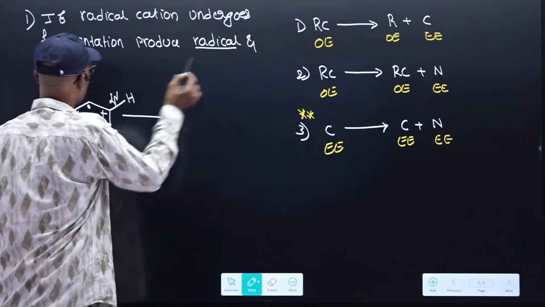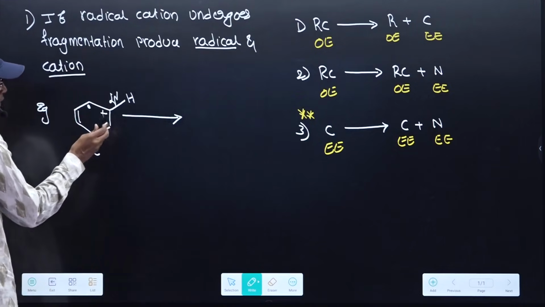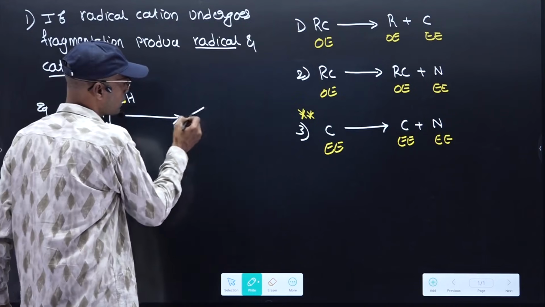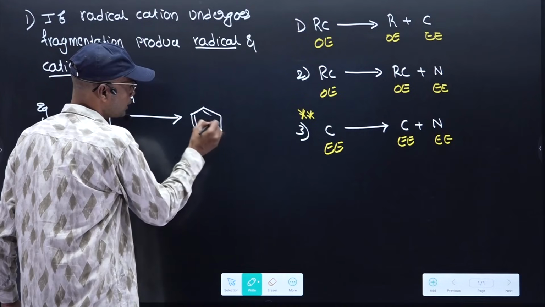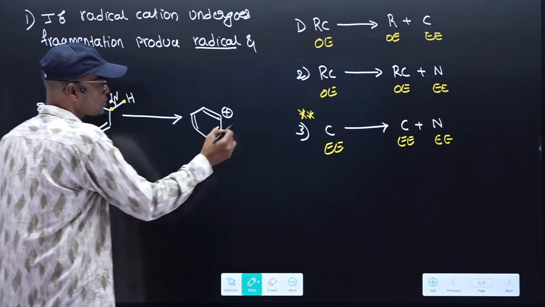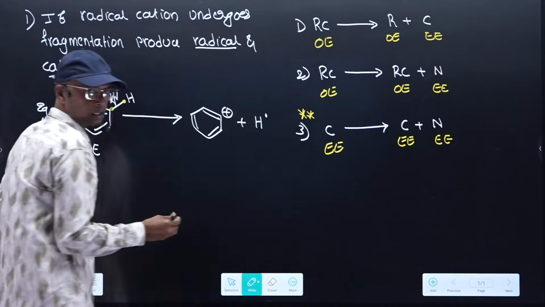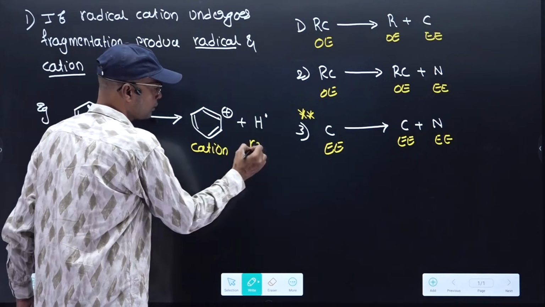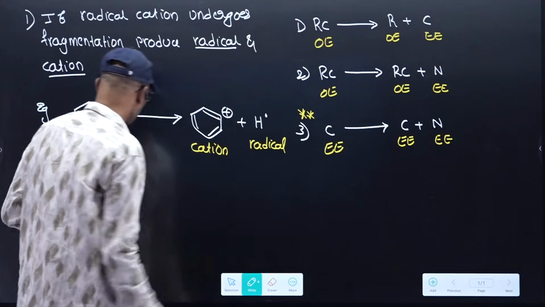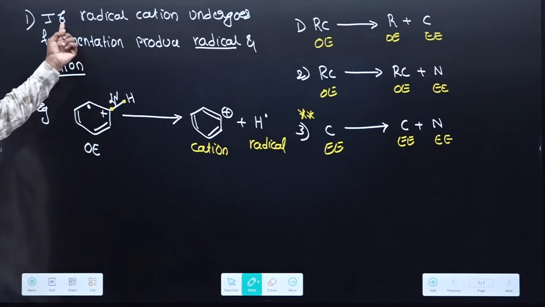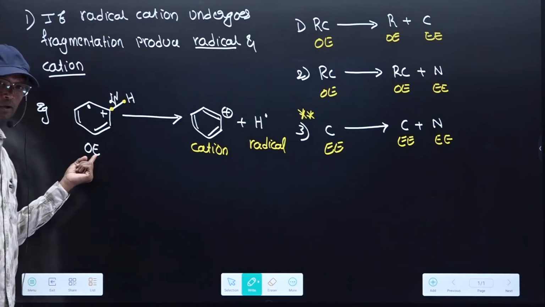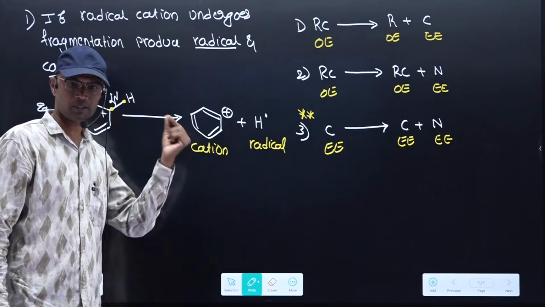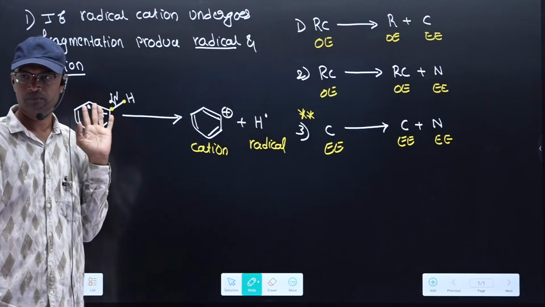Suppose you break this bond, here one radical is left. This radical bonds together and you get a positive charge, and hydrogen will be in the form of a radical. So an odd electron ion undergoes fragmentation to give a cation and a radical. I am saying that this fragmentation is correct.